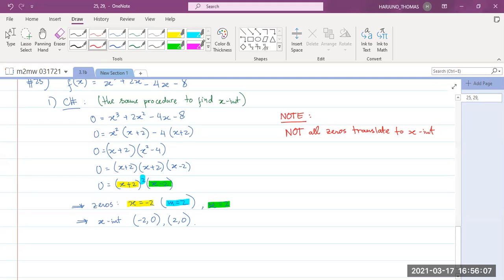Now, the example we have here, all the zeros, which are -2 and 2, become x-intercepts (-2, 0) and (2, 0). However, it is not true in general. Why? Let's take a look. For example, let's say P(x) equals x to the 4th minus 16.